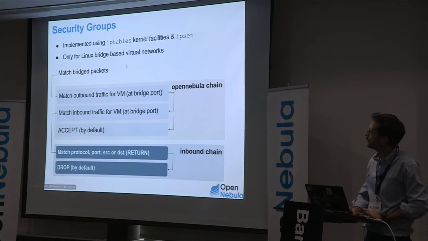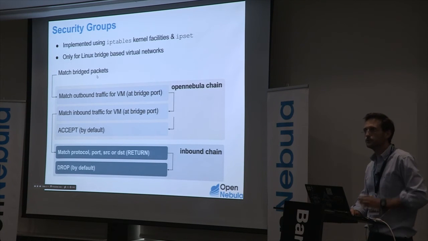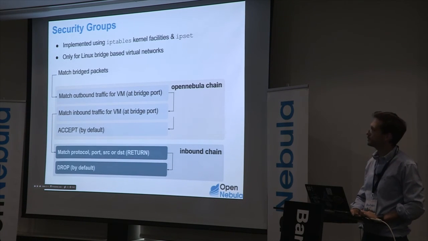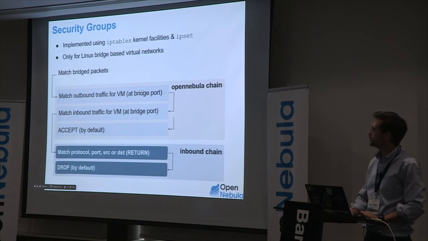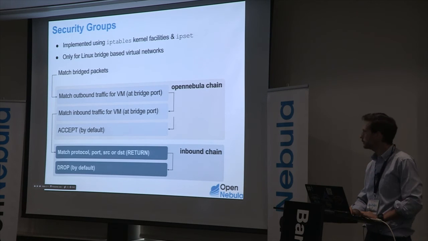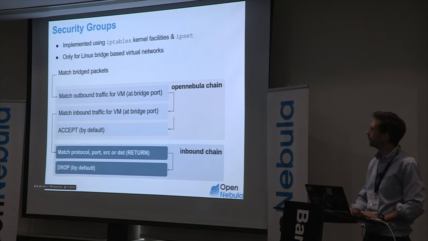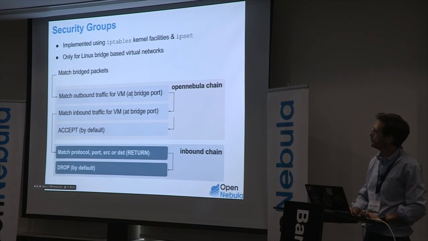In OpenNebula, we have a special rule to route the traffic when it's bridged. So when the traffic goes through a bridge, it's redirected to the OpenNebula chain. And in the OpenNebula chains, we have an outbound and an inbound rule for each VM. And the rules that you impose in your security groups are implemented in these outbound or inbound chains for the VM.